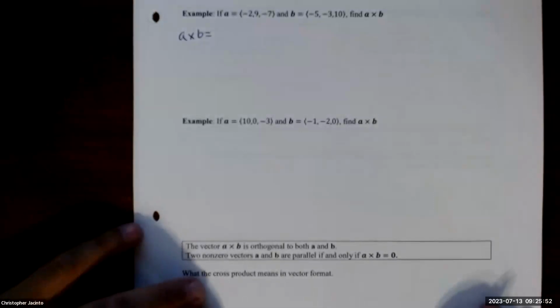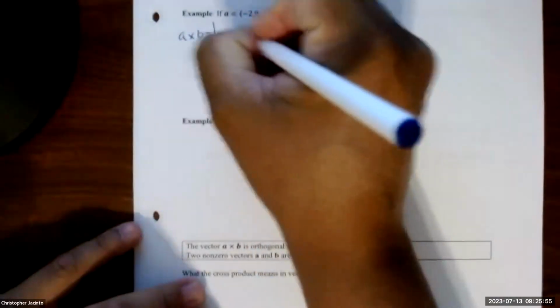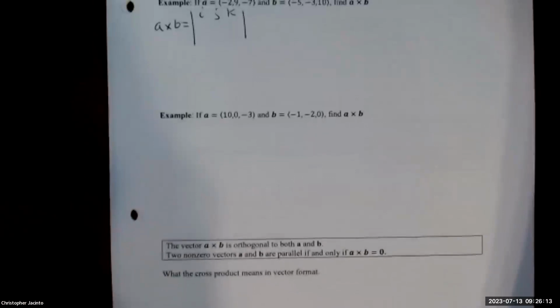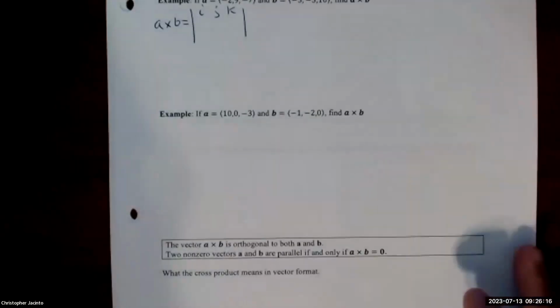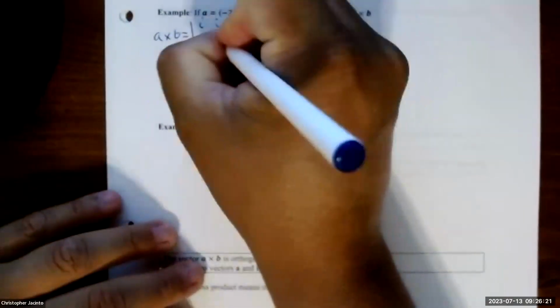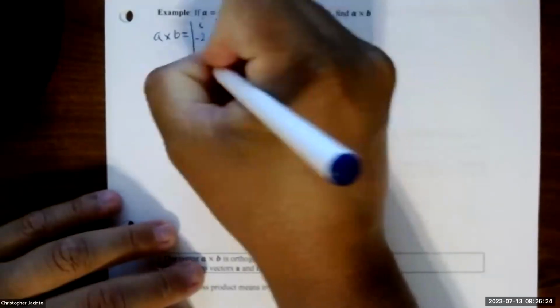So we have A cross B equal to I, J, K, then -2, 9, and -7, -5, -3, and 10.